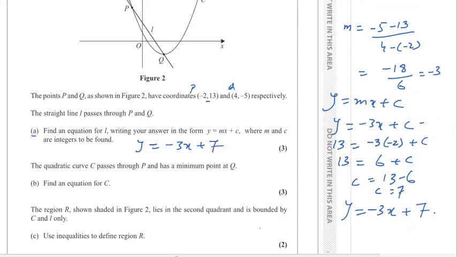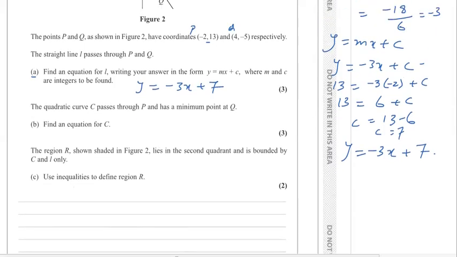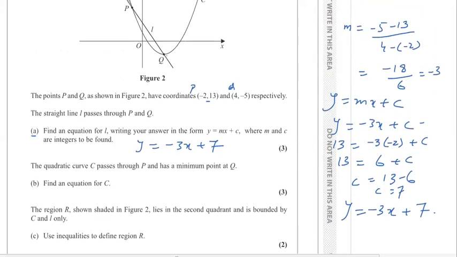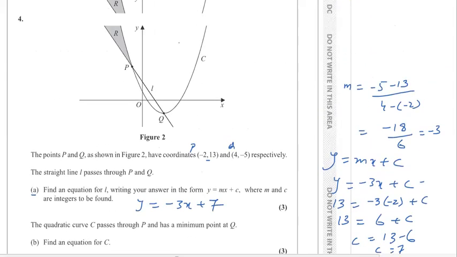It's a pretty easy question. Part B is: the quadratic curve C passes through P and has a minimum point at Q. Find an equation for C. Now, Q is the minimum point of the curve, and it is a quadratic equation.